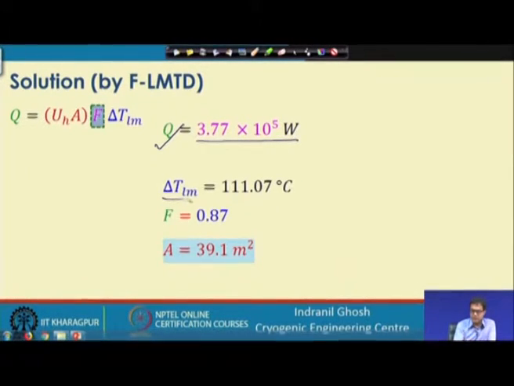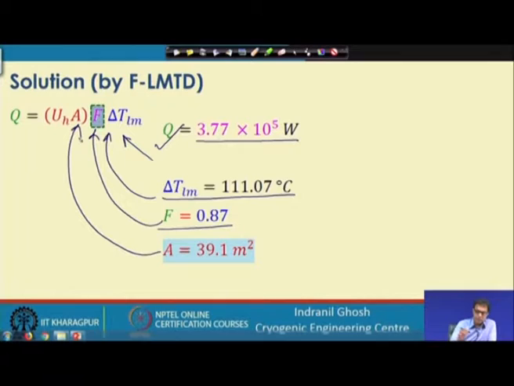We have the delta T log mean temperature and the correction factor F. So if we put all these parameters in this equation, we can calculate the area, because we also already have the overall heat transfer coefficient U equal to 100 watt per meter square Kelvin, which is given.